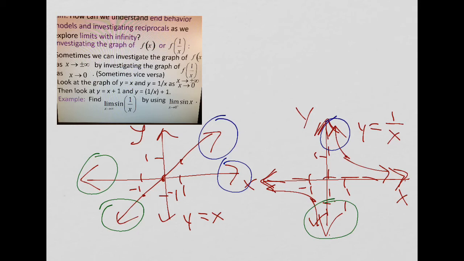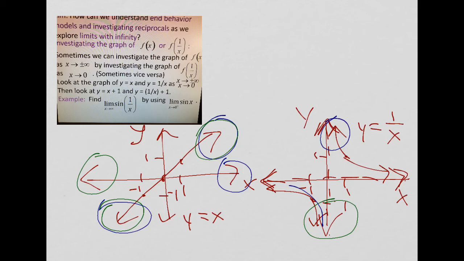And it's also like the vice versa. So if you have to do the opposite, if let's say we're looking at x approaching 0 from the right, we also know the answer over here. If we're looking at the limit as x approaches 0 from the left, we know the answer here.